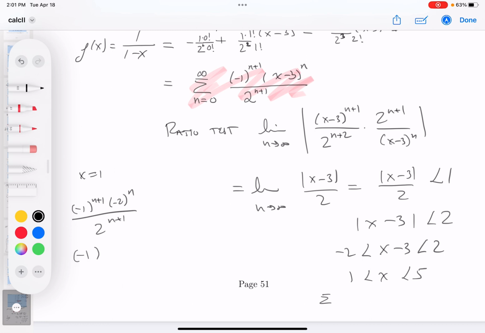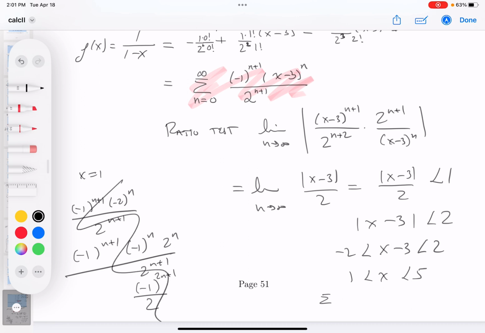Well, I get minus 1 to the n plus 1, minus 1 to the n, and then 2 to the n at the top, and at the bottom I get 2 to the n plus 1. What happens over there? Let's see, you would just get 2. And what do you get on top? You get minus 1 to the 2n plus 1. And what do I know about that? That test version just fails in that one, so I'm not including that.